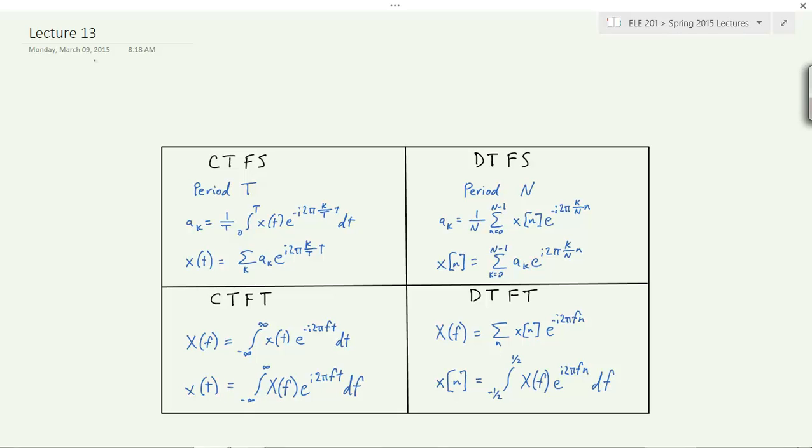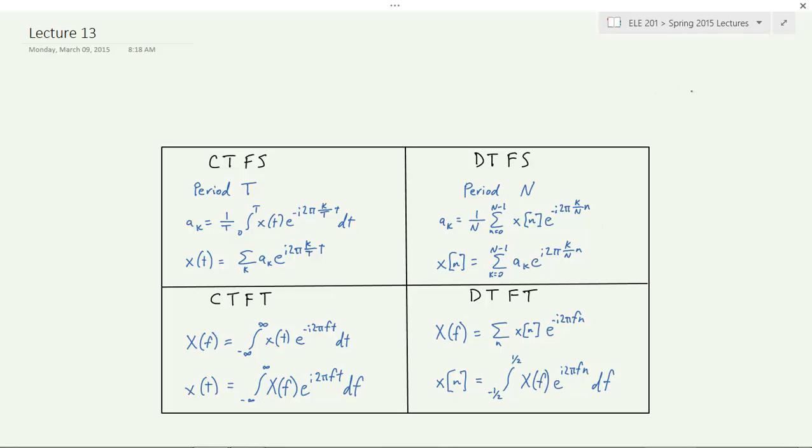Here I've written a chart of 4 different Fourier things that we've learned. We've learned the Fourier series. We've learned the Fourier transform. So this top row is the 2 Fourier series that we've discussed, one for continuous time, one for discrete time. Okay. We've also then discussed the Fourier transform for continuous time and discrete time.